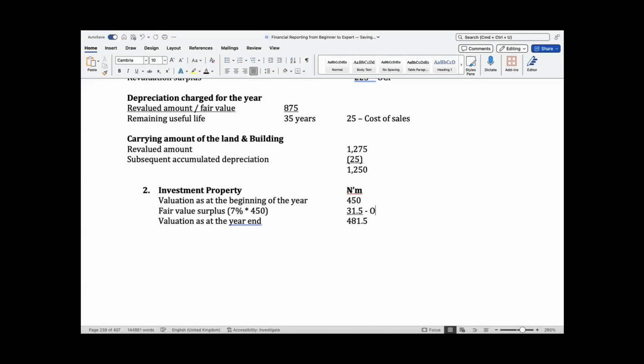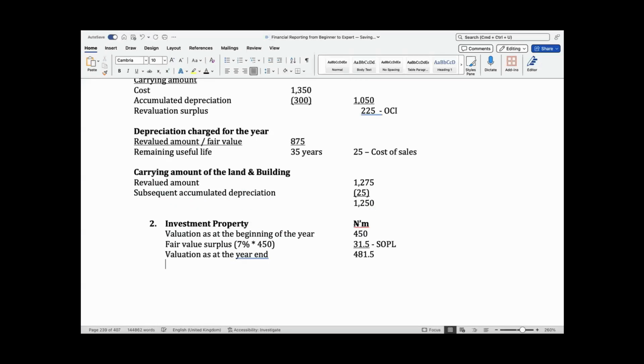That's correct, as other income. You don't take it to OCI. So why didn't you consider it as OCI? Because it's an investment property. It goes to profit or loss. That's absolutely correct. So fair value surplus on investment property goes to profit or loss because they use a fair value model for their subsequent measurements. So that's all for that.